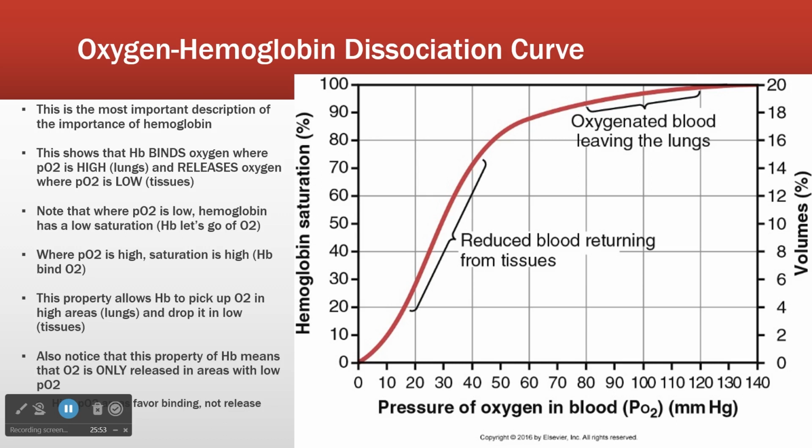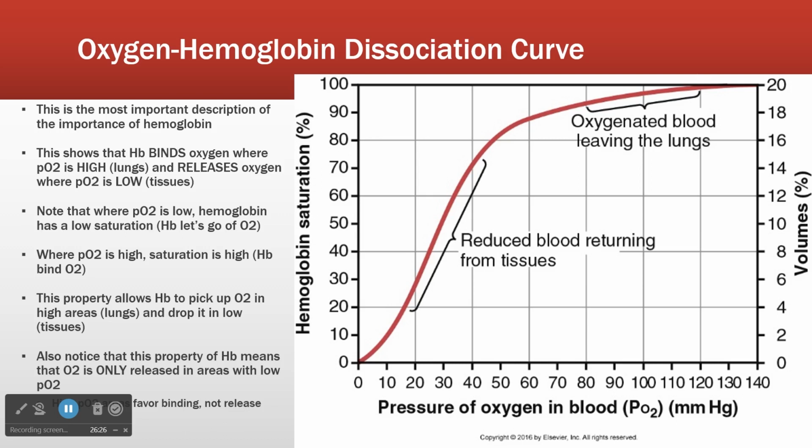All right, so we have this idea of saturation. If you have a lot of hemoglobin that each has 4 binding sites, what percentage of those binding sites has oxygen attached? That is saturation, right? So when we talk about 100% oxygen saturation, we're not talking about PO2 at all. We're only talking about hemoglobin. We're saying that all of the binding sites on all of the hemoglobin have oxygen attached, okay?